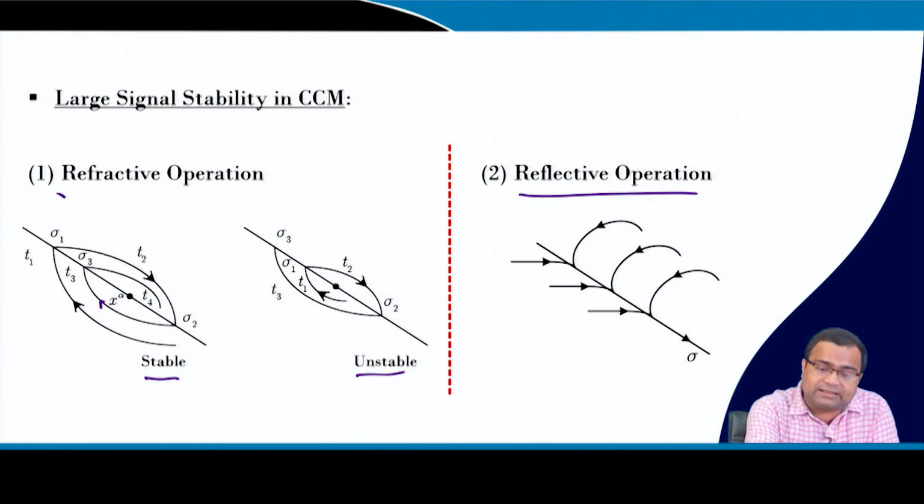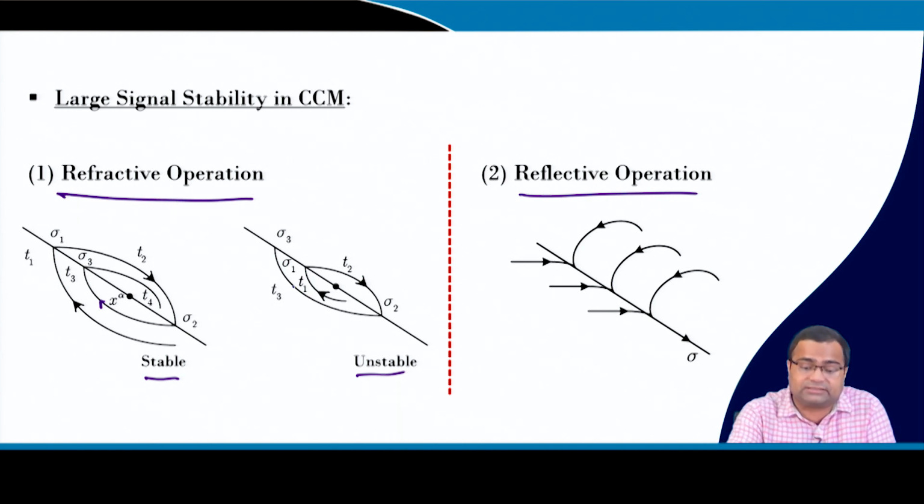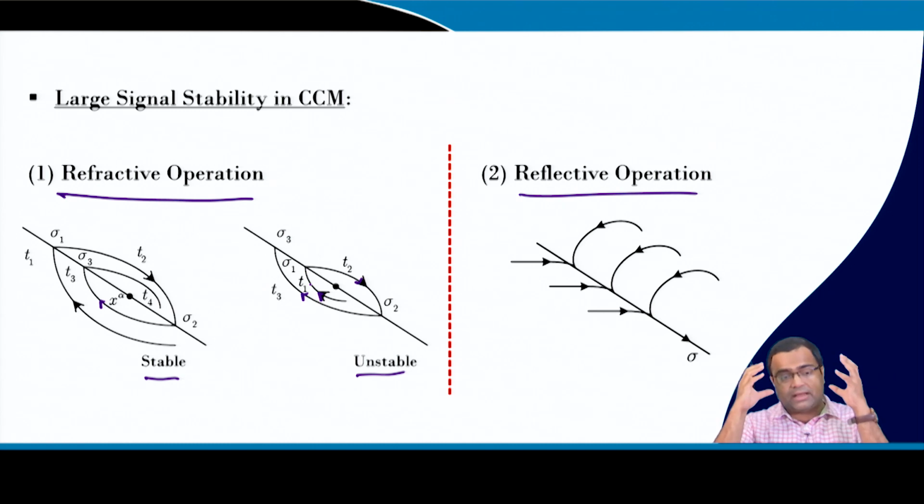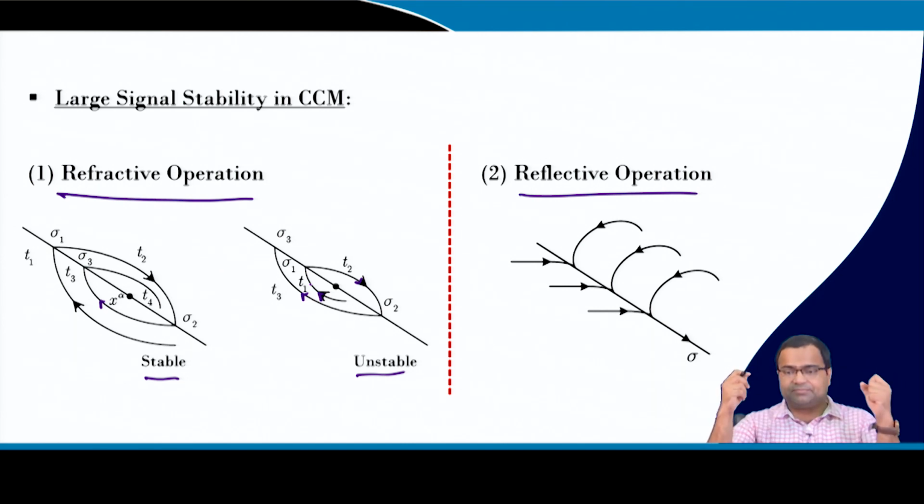In the refractive region also, if you do not take the sequence of switching properly, it may so happen that you start with on time and then off time. If you choose a wrong control logic, then it will become unstable. So, the refractive region alone is not sufficient; the switching control law is also important. What kind of control law are you taking?